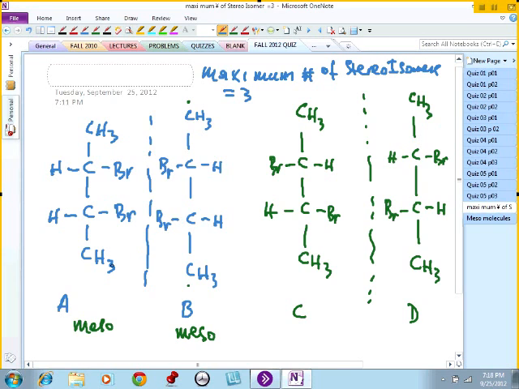Now, what is the relationship between molecule A and molecule C? Diastereomers. Those are configurational diastereomers. So A and C are configurational diastereomers.